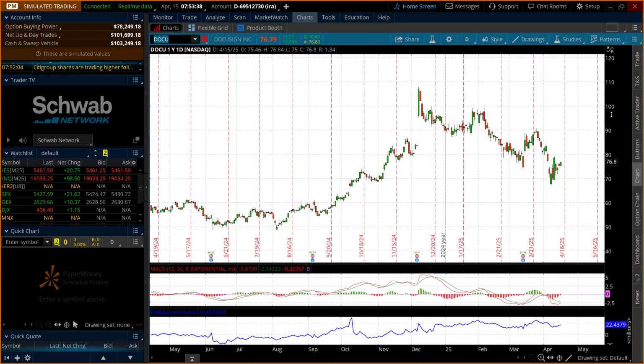As you can see, DocuSign is in an overall downtrend, and it had some support right here at about 68.60, and pretty much broke it a little over a week and a half ago. And now it's kind of bouncing back. You've got the MACD getting ready to turn up. The on-balance volume doesn't look too bad, but that's all just in the short term.